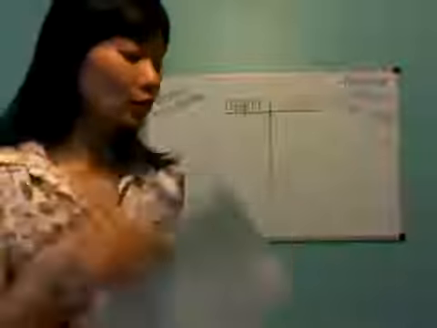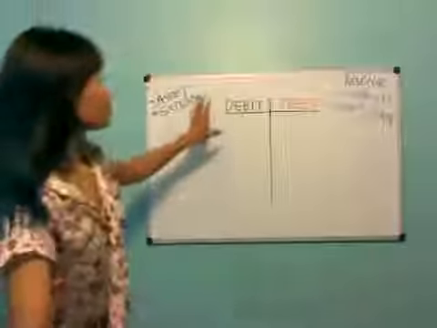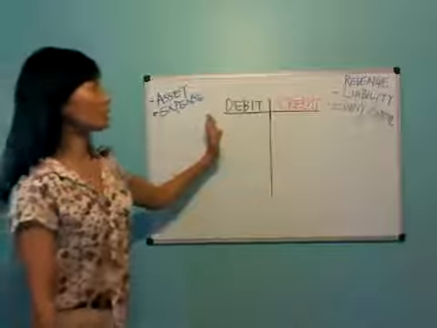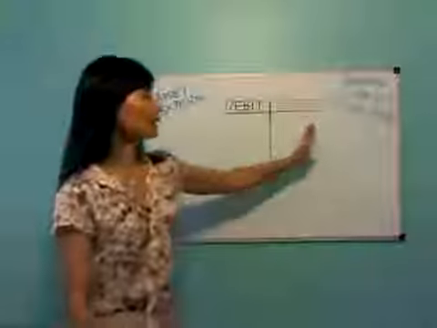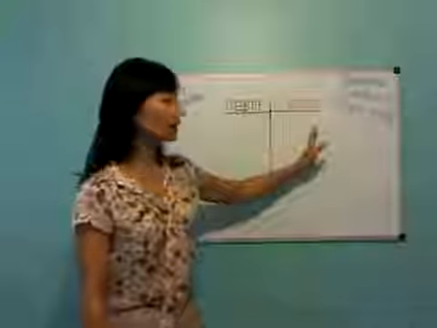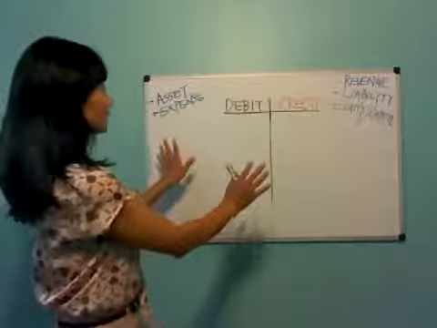You could see that left-hand side column, we call it the debit column, and the right-hand side column is the credit column. So I just transcribed those two columns on the board. The debit column is the one sitting on the left-hand side, and the credit column is the right-hand side column. That's all it means.